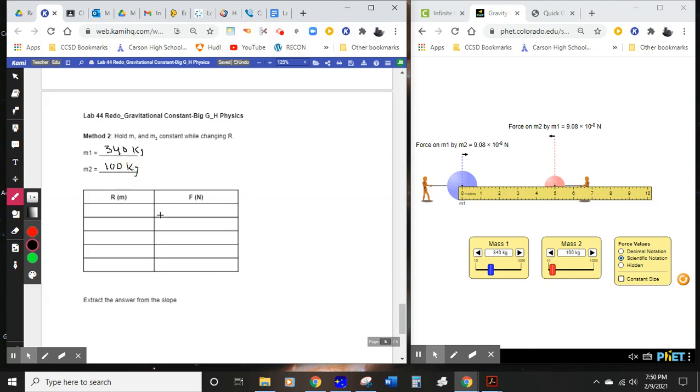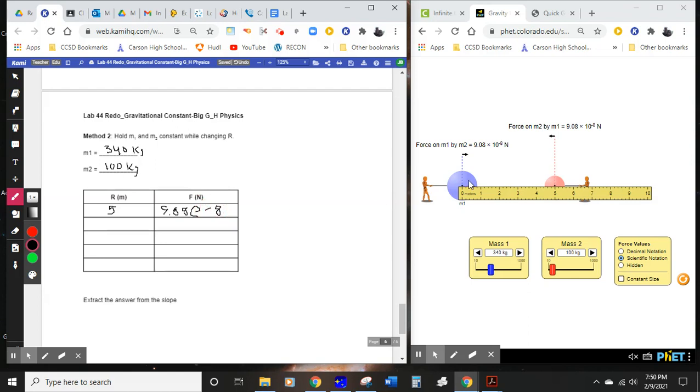Now what's our starting R value? Here we have 5, so let's put down 5 meters. And the force is 9.08 e to the minus 8.